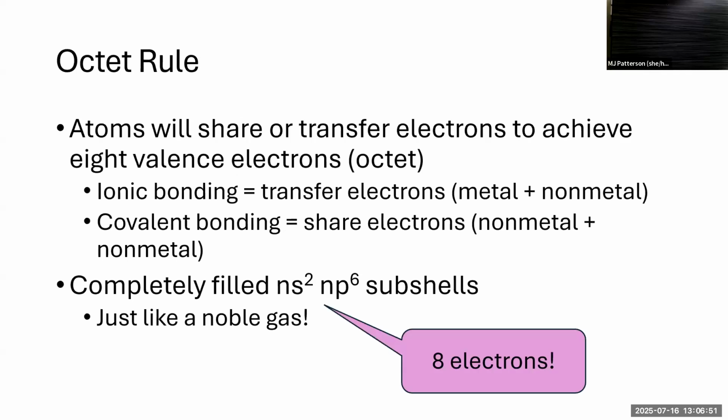Okay. Then this octet rule. With the octet rule, this is going to be a guideline for what a stable arrangement of these electrons is. The atoms want to have 8 valence electrons around themselves.